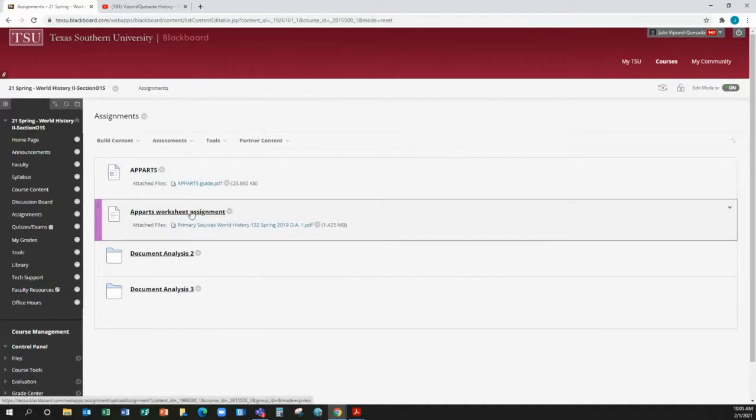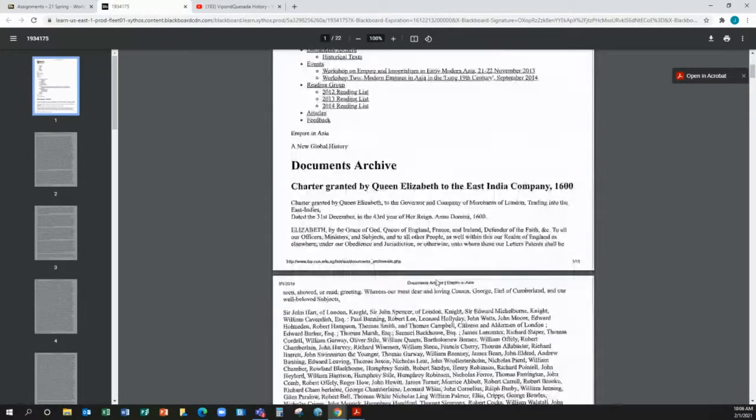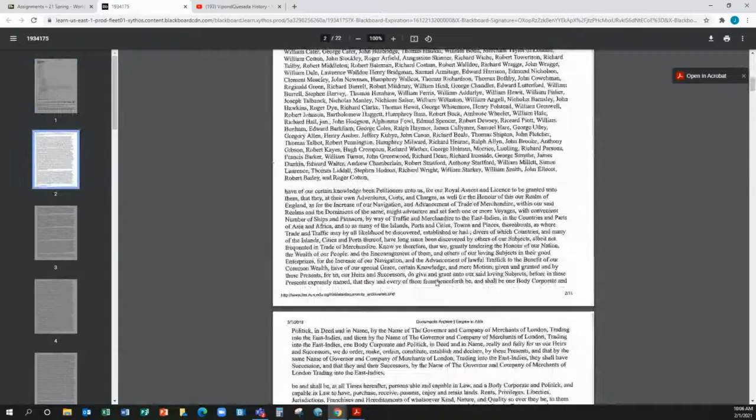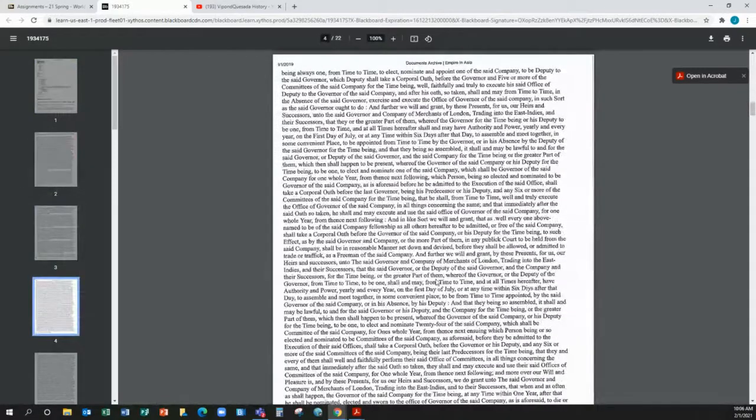When your document's typed and you're ready to submit your paper, you click on that and it will put you through the steps to upload it. And this blue link right here will show you the documents. You click on that and it will pull up many documents, and these are all listed in the syllabus as well. You only have to do one document, okay?